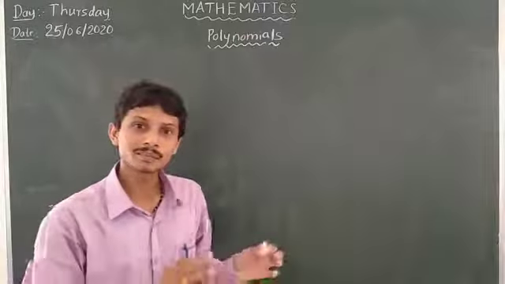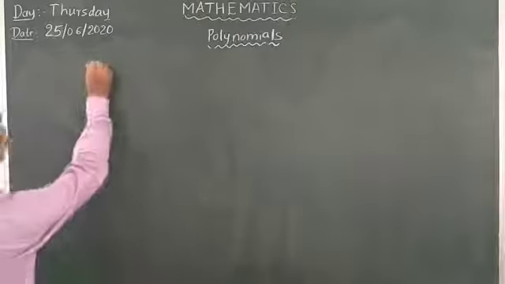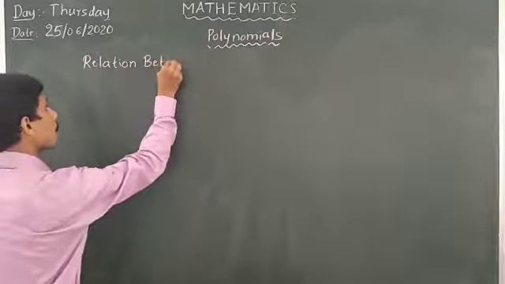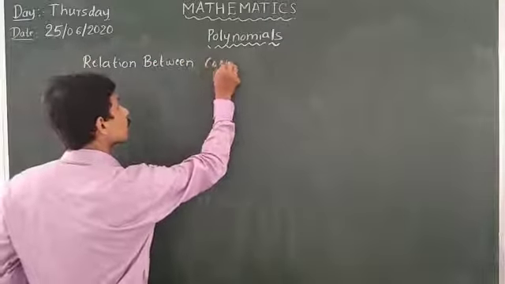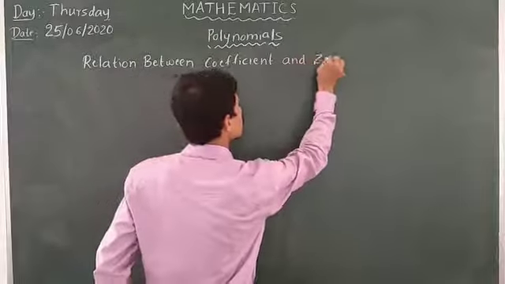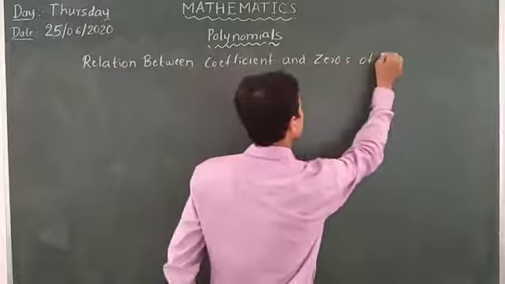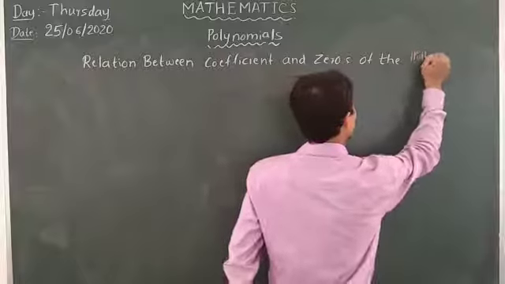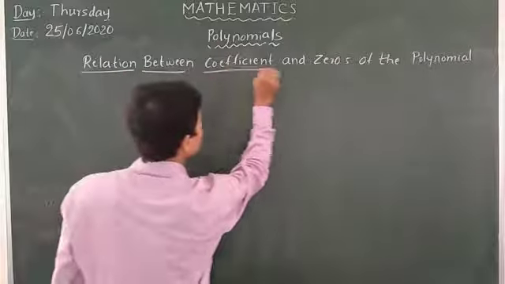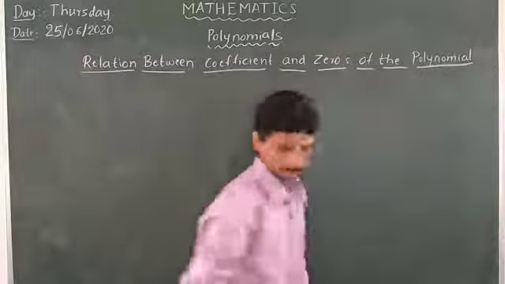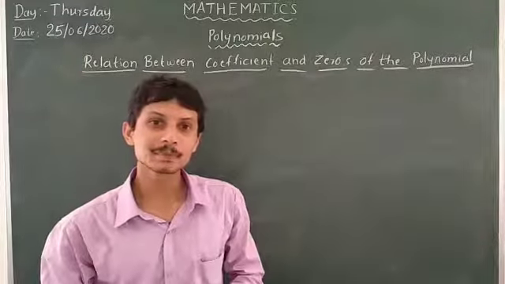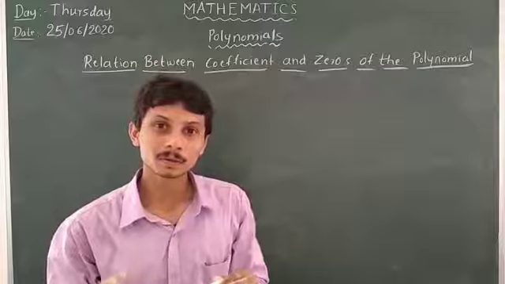The relation between the coefficients and zeros of the cubic polynomial.